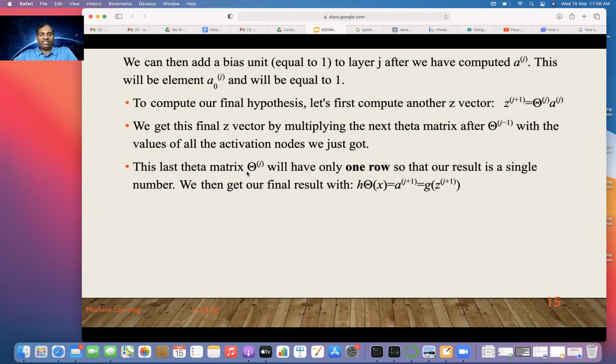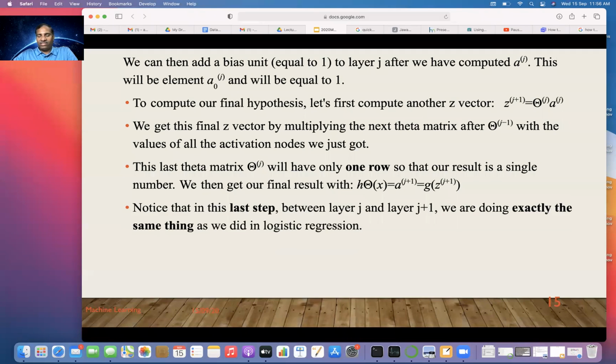That's why this last theta matrix theta j will have only one row, so that our result is a single number. We then get our final result by simply applying the sigmoid to what is computed from that single row matrix. So notice that in this last step between layer j and layer j plus 1, we are doing exactly the same thing as we did in logistic regression.